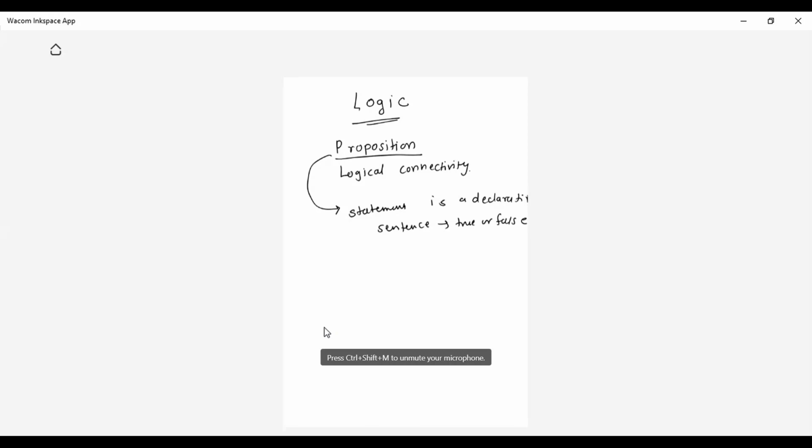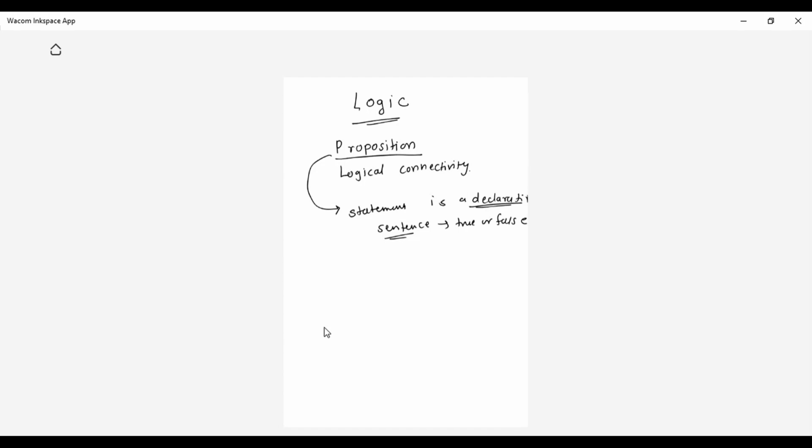Declarative sentence is a very important phrase here, students. Declarative means that the statement should give something as a value, either true or false. If you have that kind of statement, then you will say that it is a proposition.